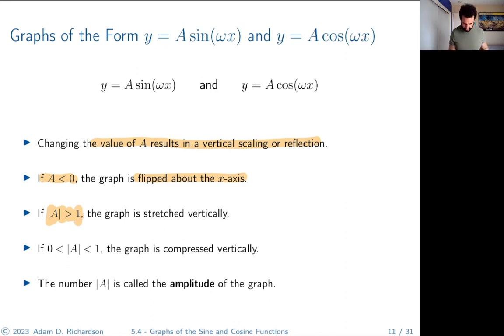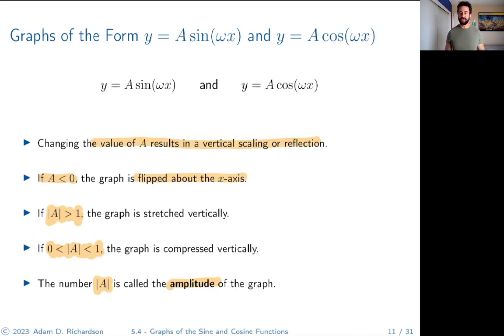If the size of a is between 0 and 1, you're going to get a vertical compression. And the absolute value of a, the size of that number a, is called the amplitude of the graph. If you've ever heard that word amplitude before, that's what it means. Basically, it gives you the maximum vertical displacement.